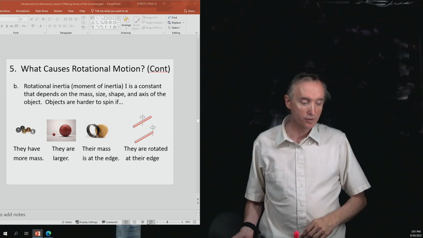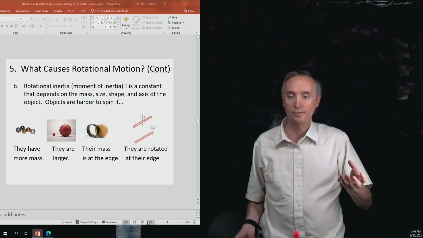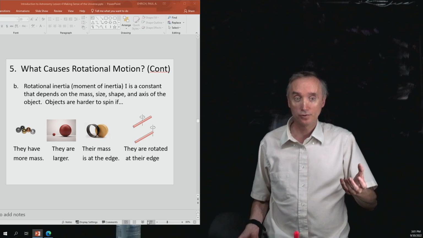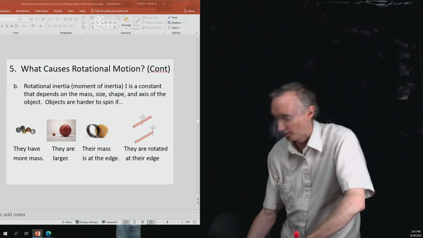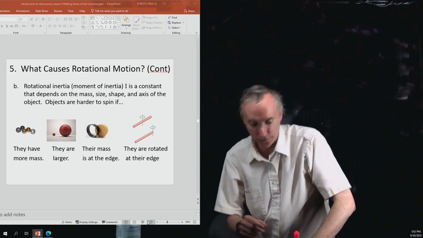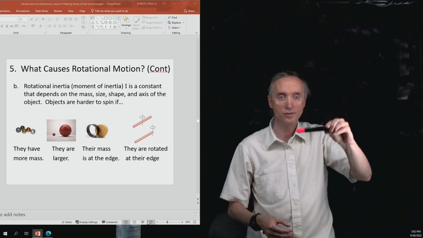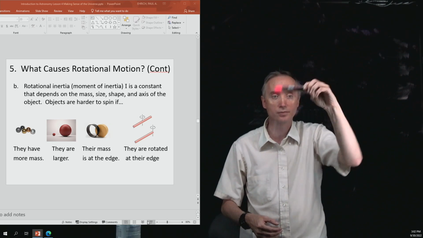For this one, what I recommend that you do is you get a pipe for this little demonstration. Let me put this down. It's better if the pipe is long, but you could take the pipe and do this with it.